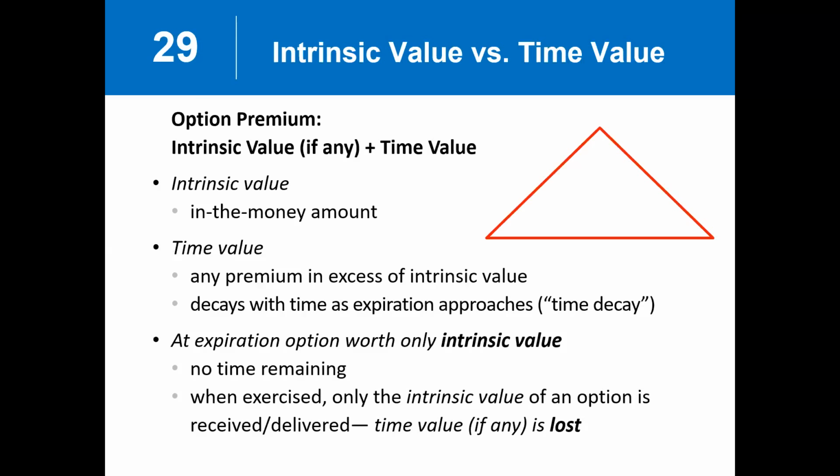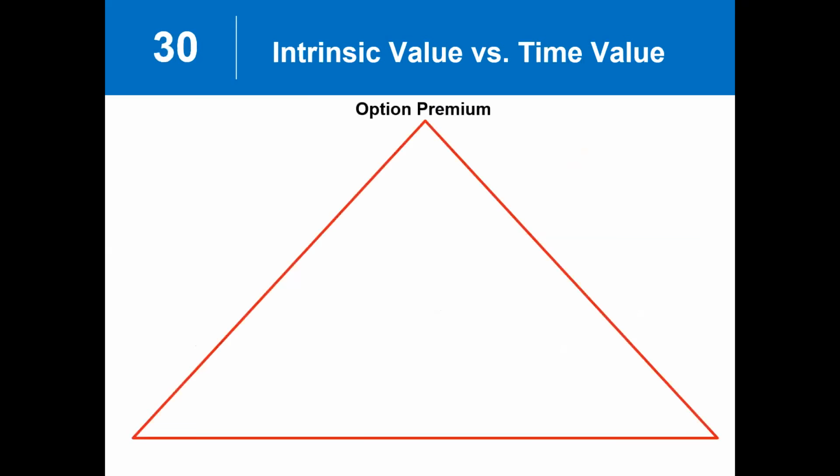And of course, as options get closer to expiration, that time value is eroding. That's where, if you're short an option, that time value may be working your way, depending on how much the underlying stock is moving. If you happen to be long contracts and long premium, and the stock isn't moving, the value of those options is going to erode and it's going to cost you some money.